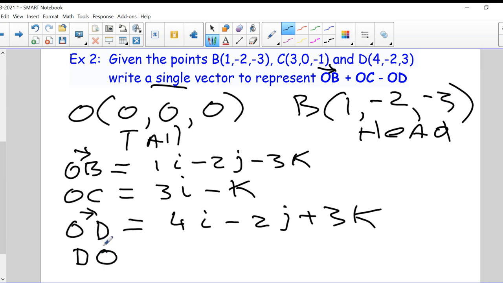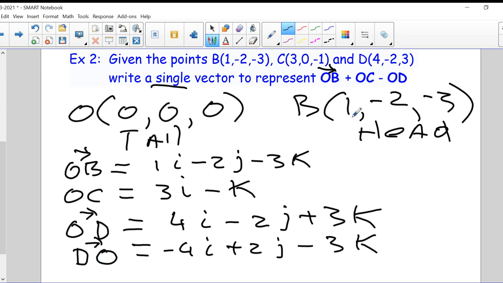The DO vector is the opposite direction, so put a minus in front. Instead of going from O to D, it would be minus 4i plus 2j minus 3k. That's the DO vector, the opposite of the OD vector. Sorry, I'm saying that wrong. The OD vector runs this way: 4, minus 2, 3.